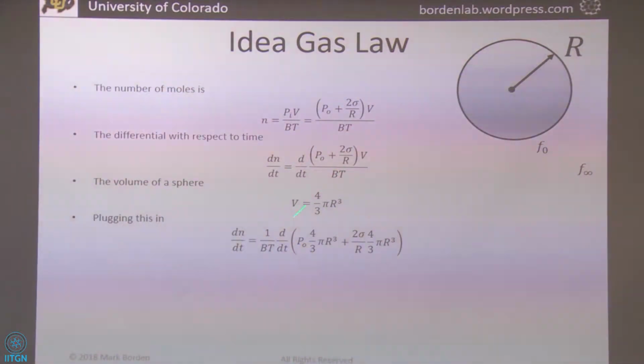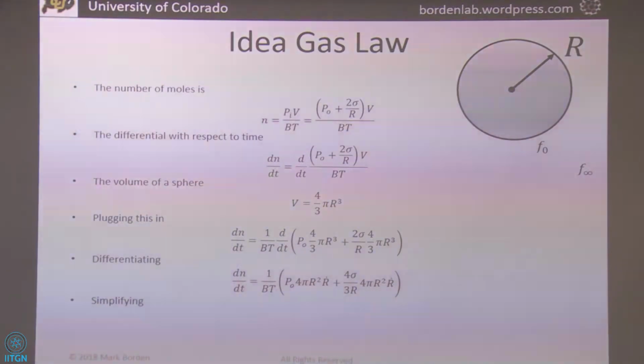R and T, those are going to be constant. We're assuming it's isothermal, so that's not changing with time, so we can pull out temperature. And then if you differentiate these terms, then you get P naught is again a constant, 4/3 pi r squared times r dot, that's dr/dt. And then 4 times sigma over 3r times 4 pi r squared dr/dt.